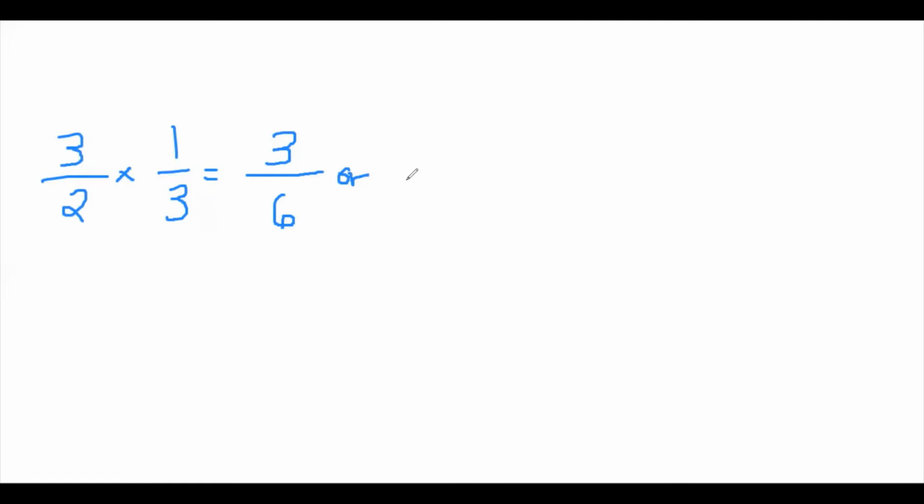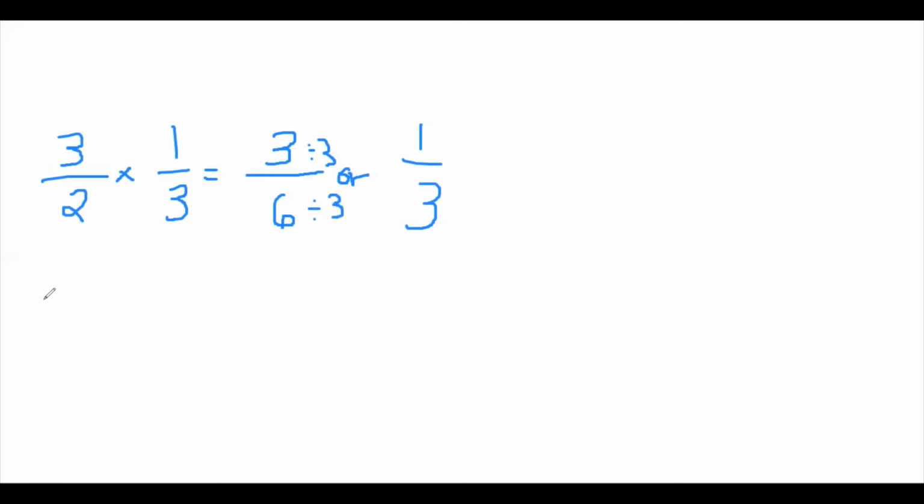If the answer can still be simplified, please simplify it, for you to have the correct answer. So 3 over 6 is 1/3, because both are divided by 3.